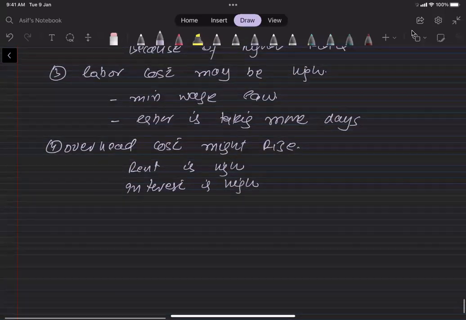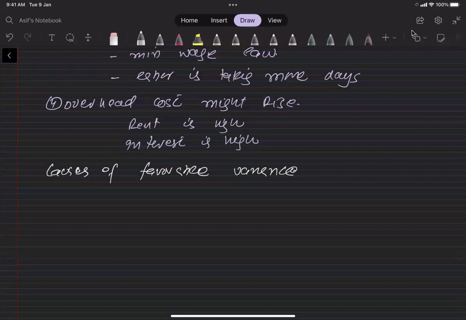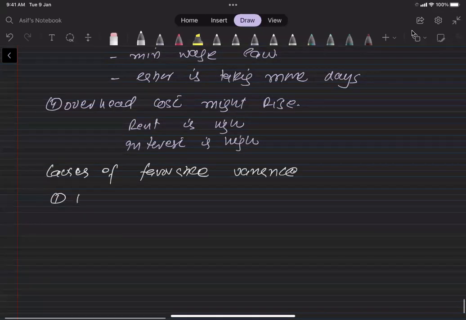Now, what might be the possible causes of favorable variance? There might be a number of reasons for the favorable variance. For example, revenue is above the budget because you are selling at a higher selling price, or there is an unexpected economic growth in the market.